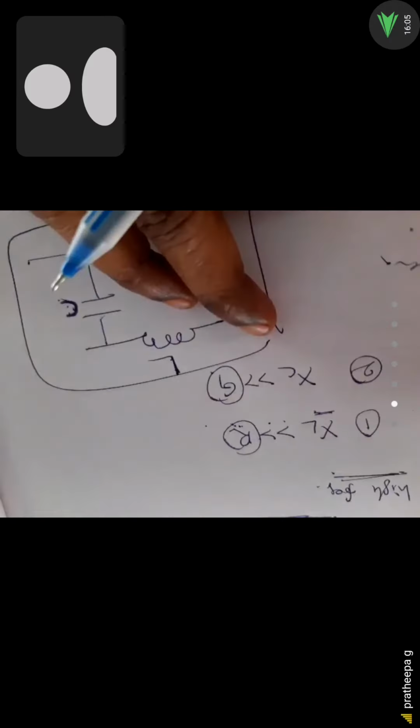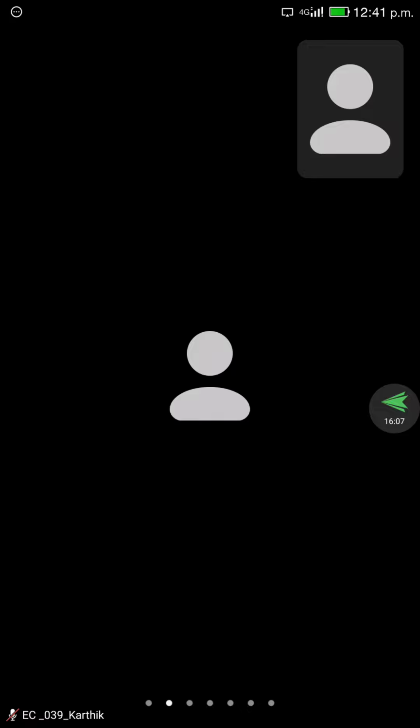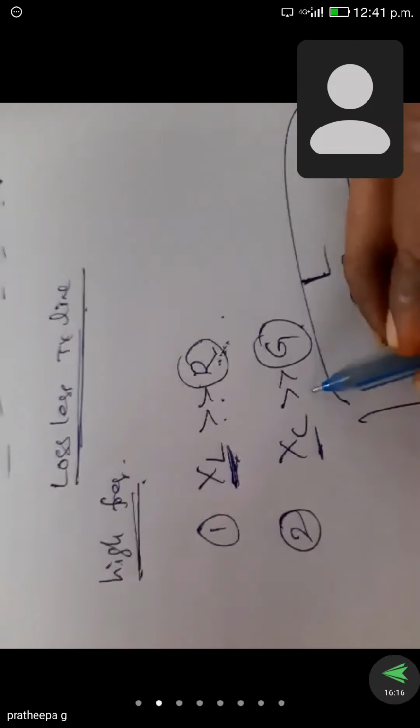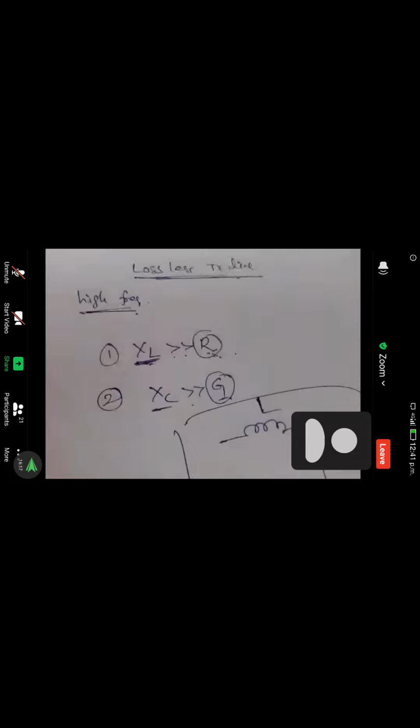At very high frequencies, that means at radio frequencies, the reactance of inductance is much greater than resistance, and reactance of capacitance is much greater than conductance. That's why R and G will be neglected in the lossless transmission line with L and C. That means series inductance, shunt capacitance.